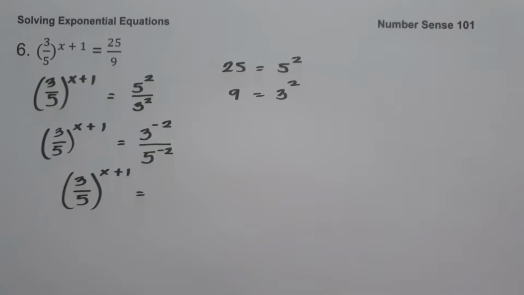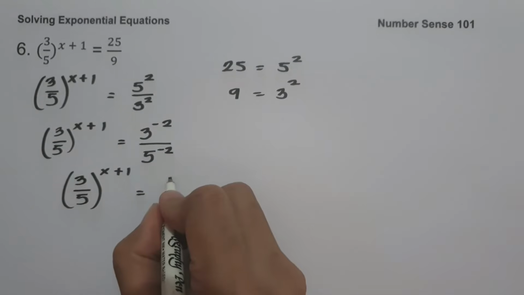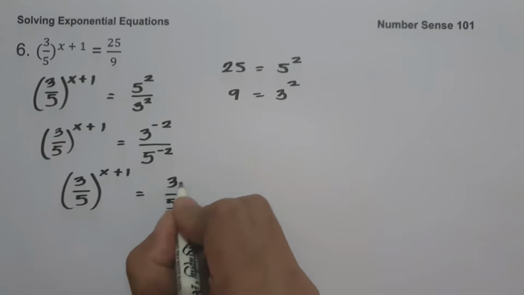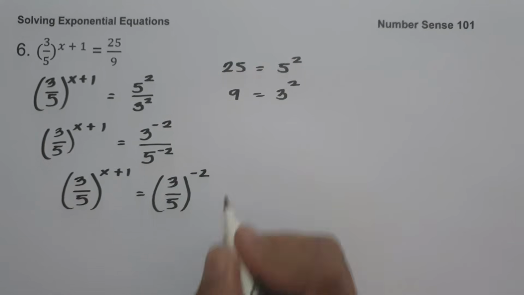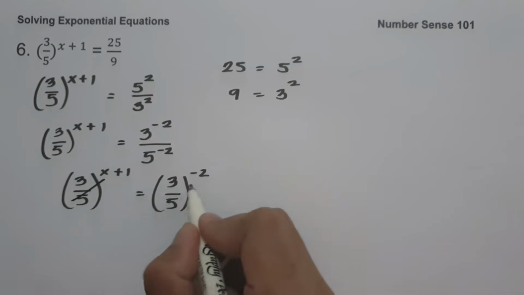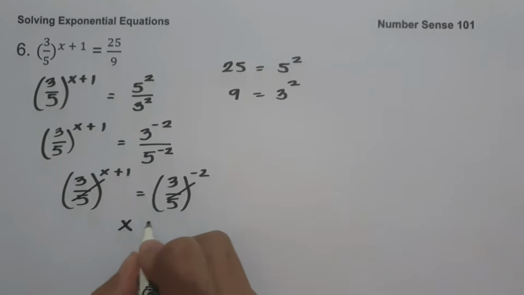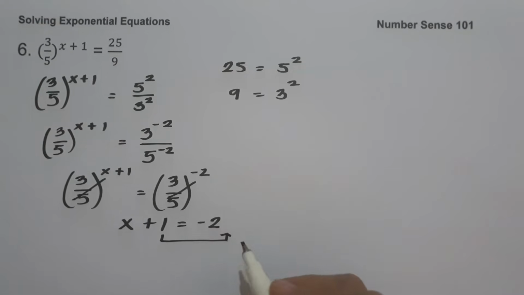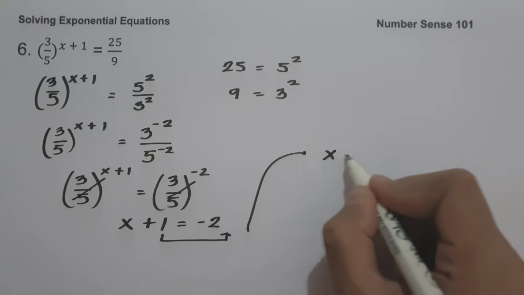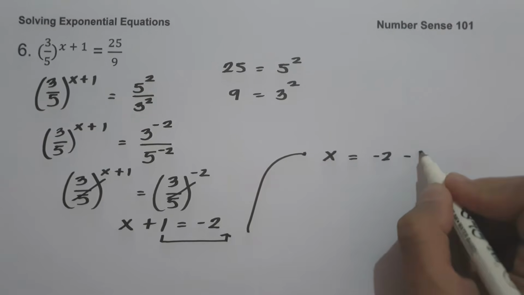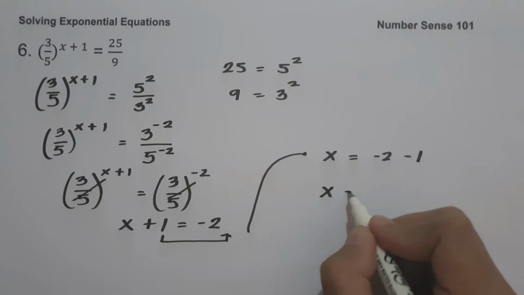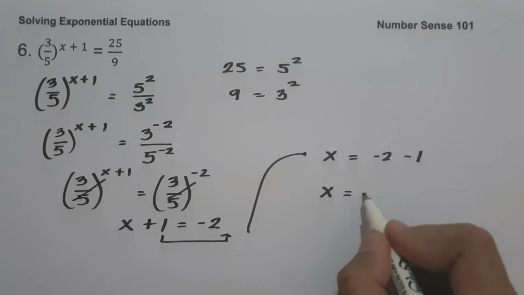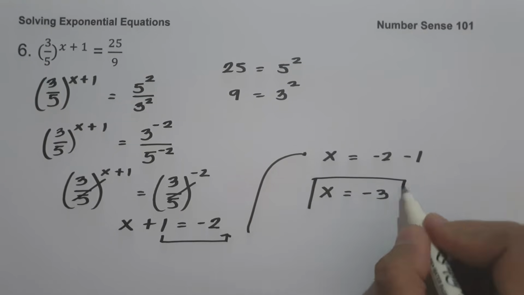Since we have the same exponent, let us write this one as 3 over 5 raised to negative 2. Let us cancel the base, and let us have x plus 1 equals negative 2. And to simplify, let us move 1 to the side of negative 2. It will give us x equals negative 2 minus 1. So x is equal to negative 2 minus 1, that is negative 3. And this will be our answer.